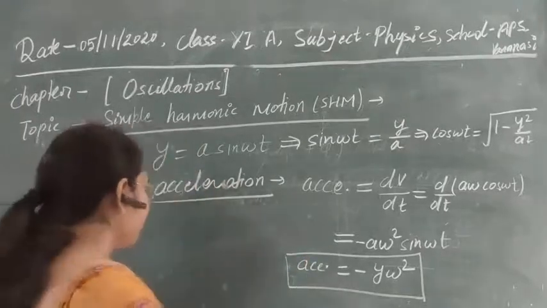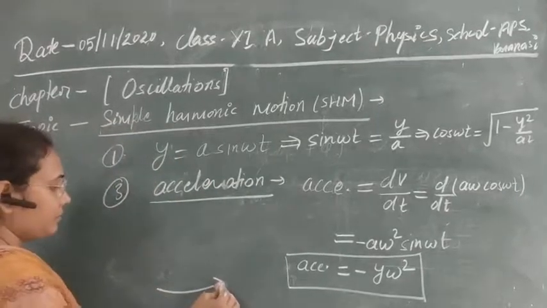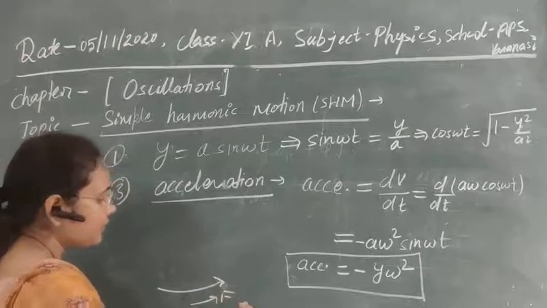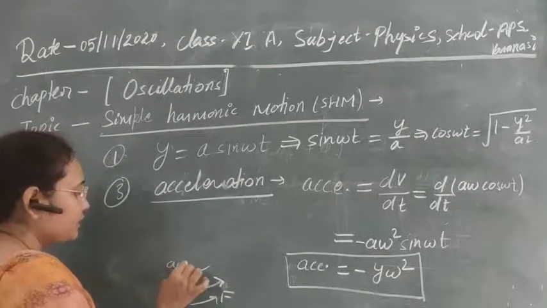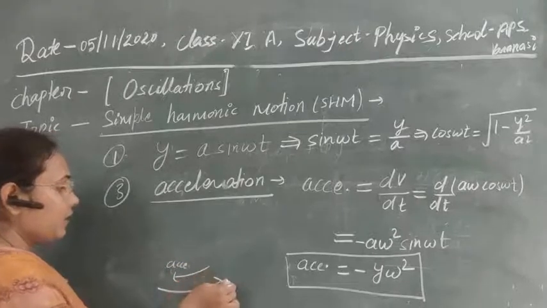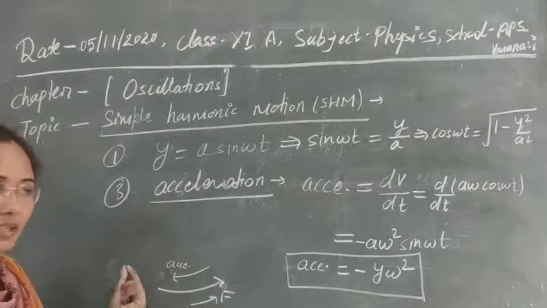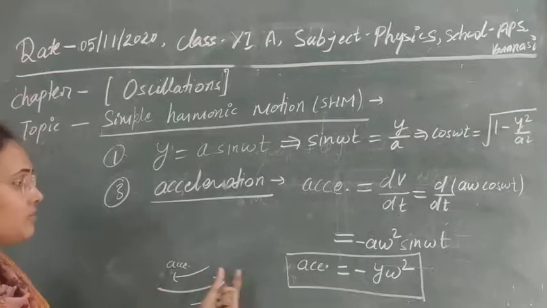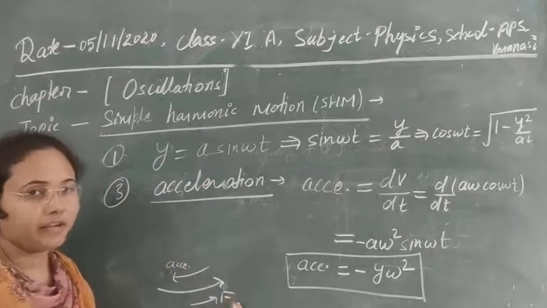Here we are displacing this particle in this direction, means we are applying a force in this direction, but its acceleration is working in the opposite direction. It will always try to bring it to its equilibrium position again, its stable condition. So that's why the minus sign shows that it is in the opposite direction to the applied force.